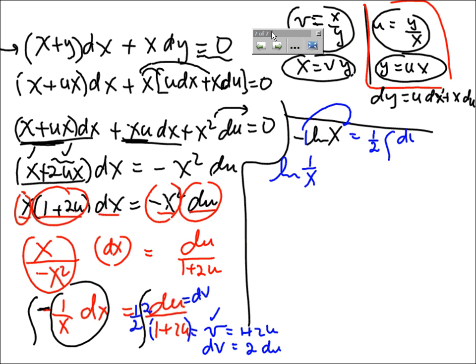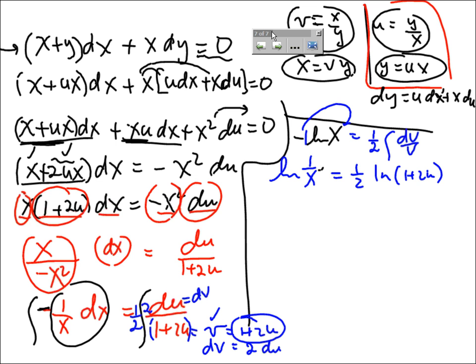And I get dv over v. So this is 1/2 ln of v, but that's v, 1 plus 2u. Now, let's add a constant to the left side.